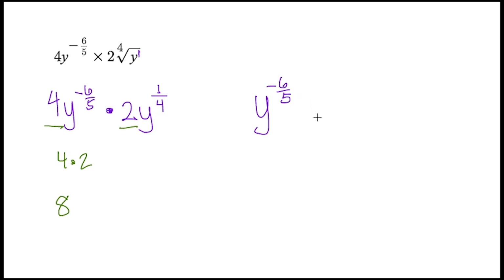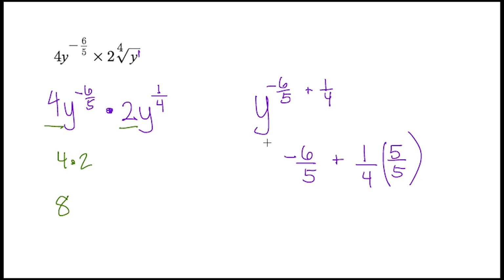We have negative 6 over 5 plus 1 over 4 because I'm multiplying. So here I don't have a common denominator, and I need to make one. 5 and 4 both go into 20, so I'm going to multiply the right side by 5 over 5 and the left side by 4 over 4.